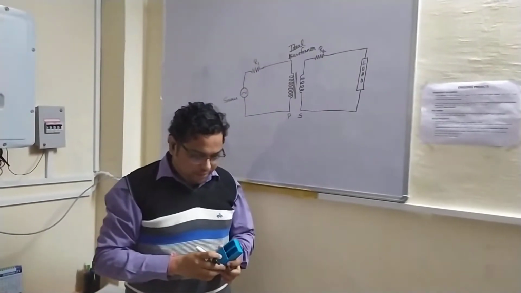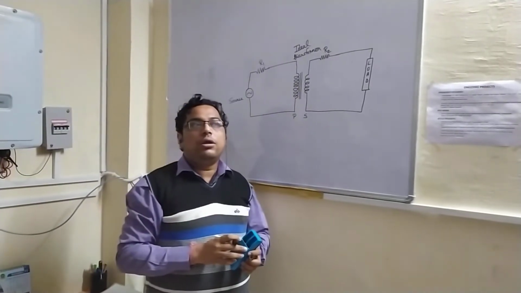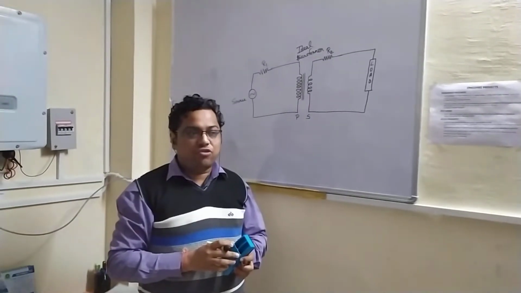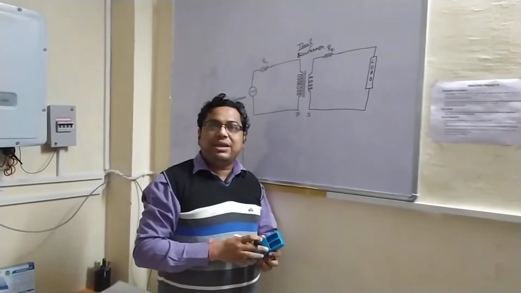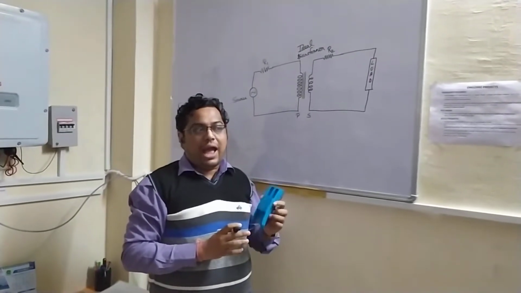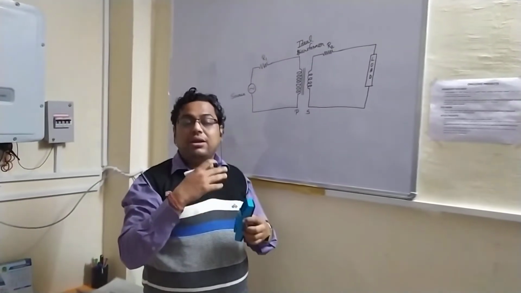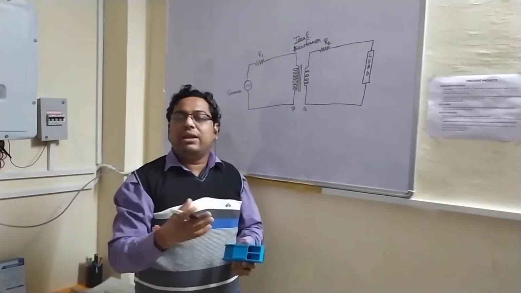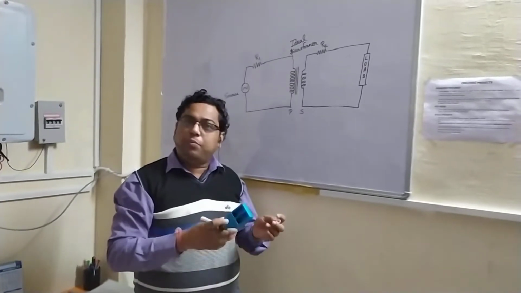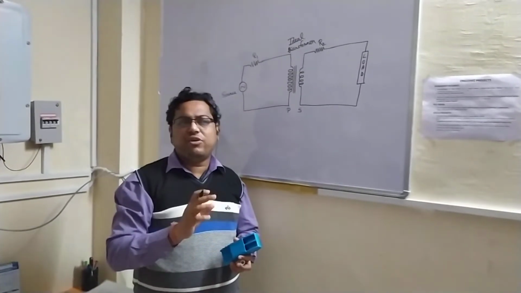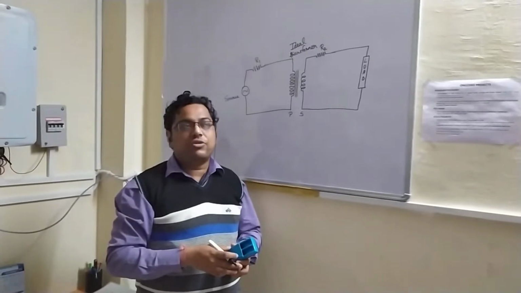Now, there is something called leakage flux in the case of a transformer. Leakage flux is basically the flux which is produced by the primary but doesn't link with the other winding, that is the secondary. So both primary and secondary are going to have some amount of leakage flux.